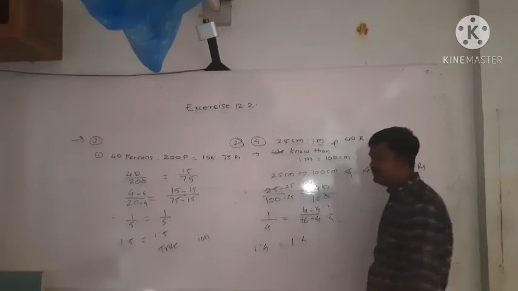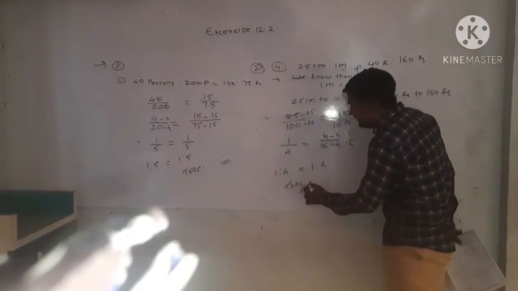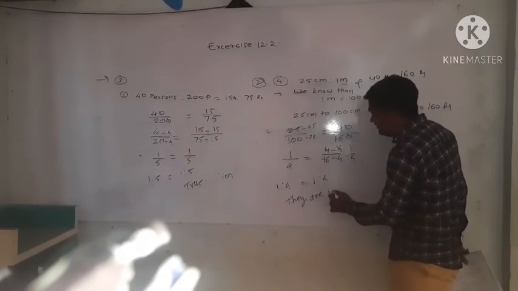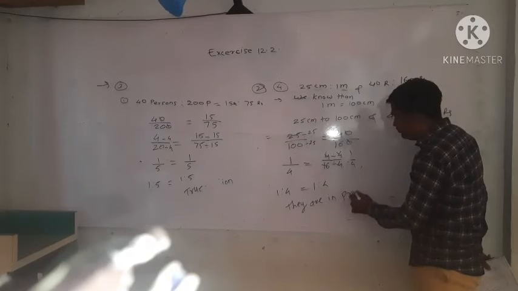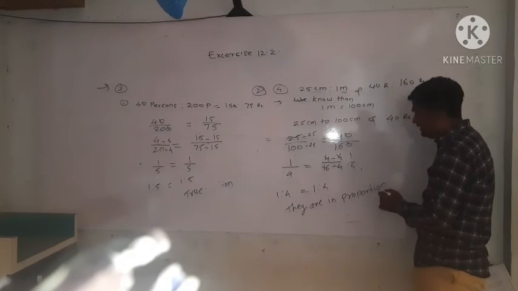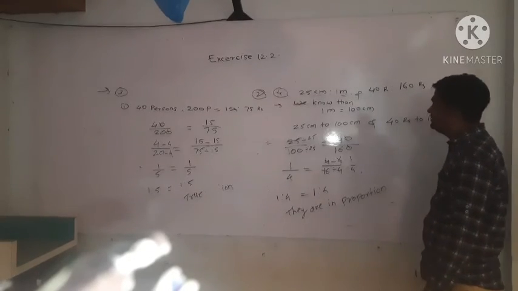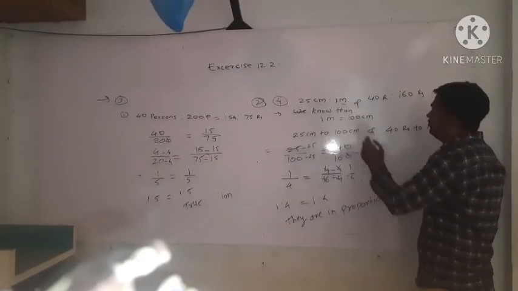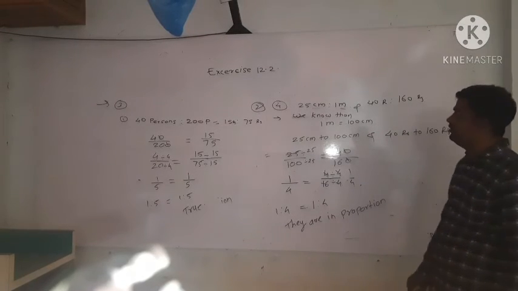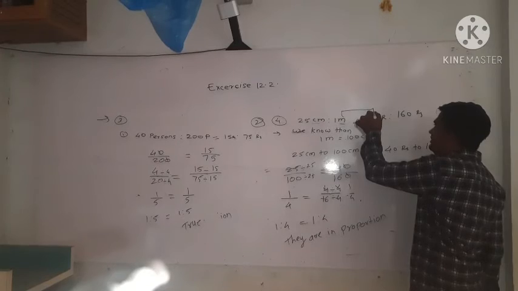So both places are same. So what can we say? They are in proportion. Yes. Now another thing we want here: write the middle term and extreme term. Yesterday I already told you the middle terms are the second and third numbers.